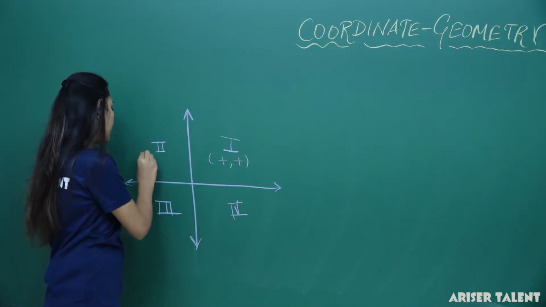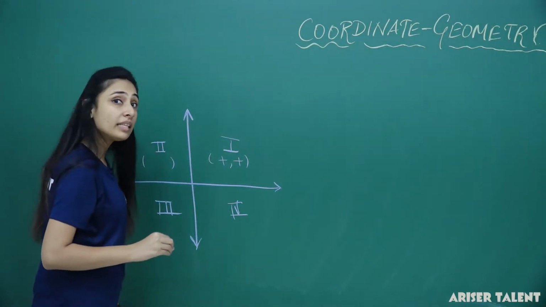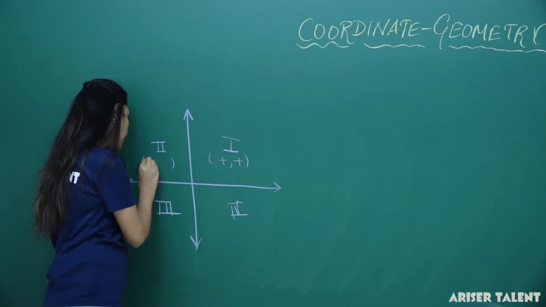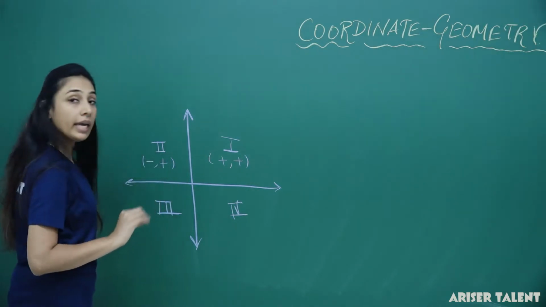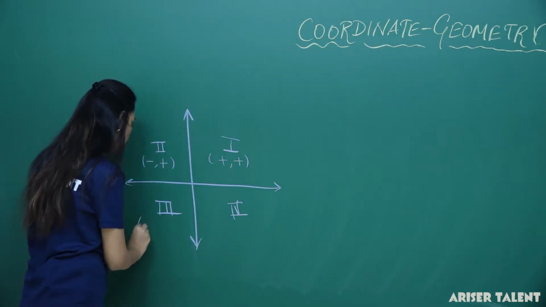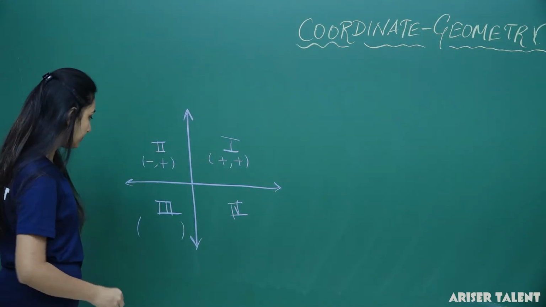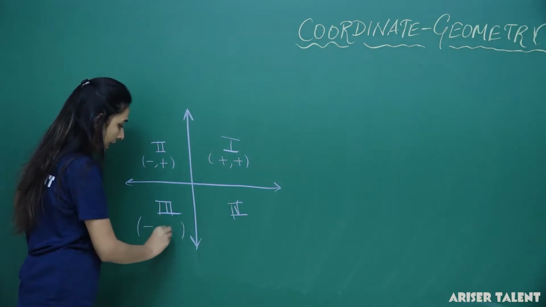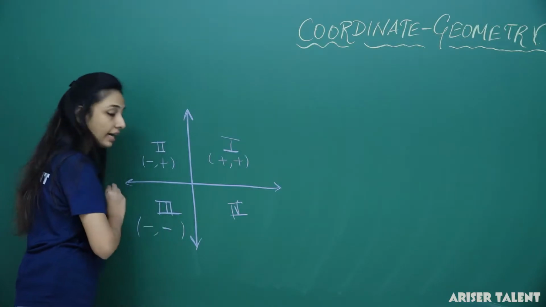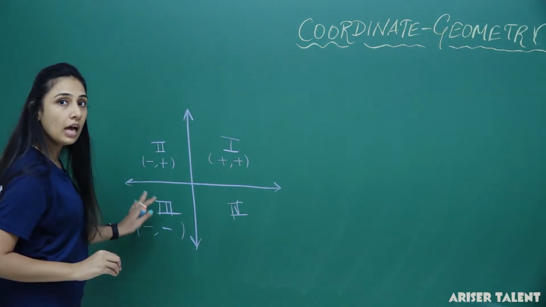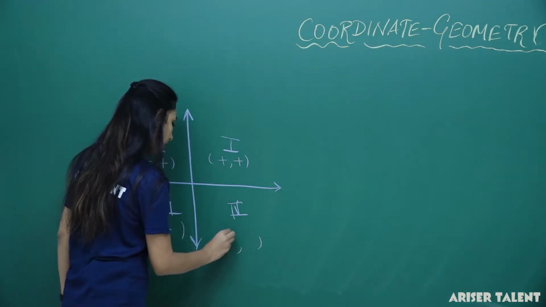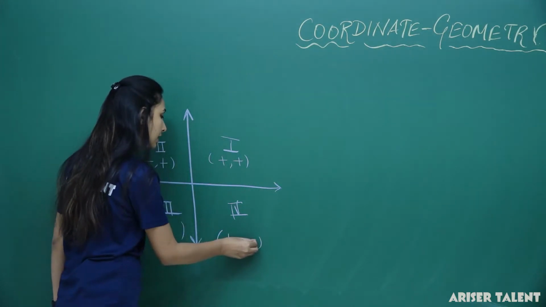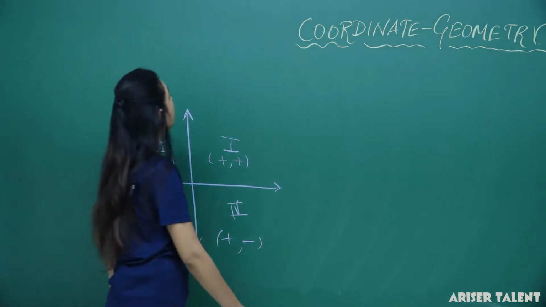In the second quadrant, negative abscissa and positive ordinate. In the third quadrant, both negative, abscissa and ordinate. In the fourth, positive abscissa and negative ordinate.